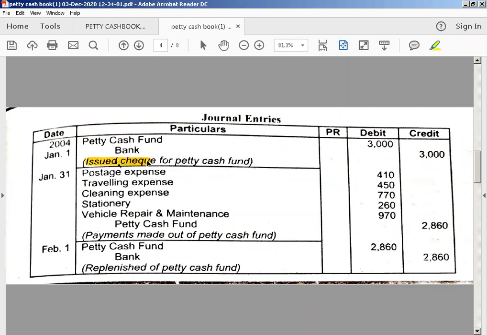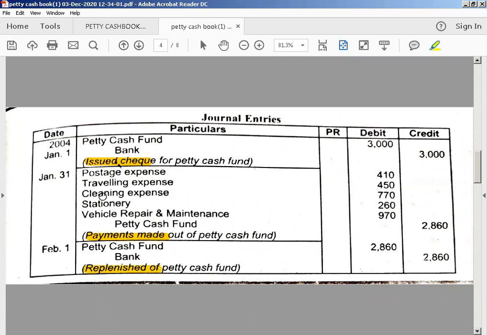The first transaction हमेशा petty cash book में आपकी बनती है issued cash fund की, ठीक है. Second transaction आपकी बनती है payment of expenses. Clear? And then last आपकी बनती है reimbursement of the petty cash fund. मीन्स जितने भी आपने पैसे खर्च किए हैं अपने कैश में से, आप उसी को रिकॉर्ड करते हैं.